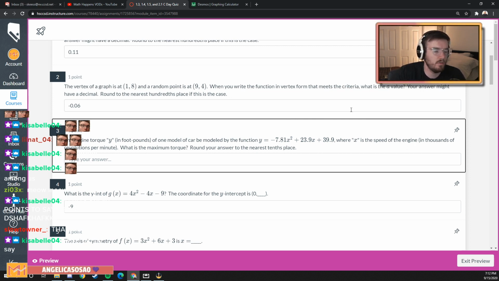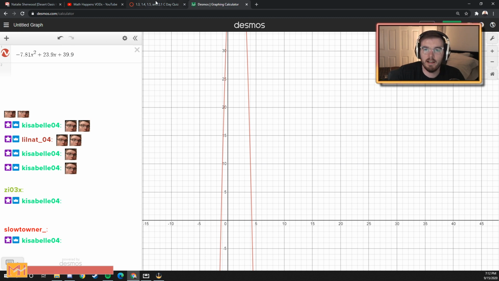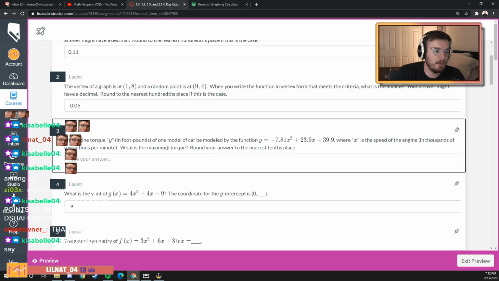Speed of the engine, revolutions, and y is torque. So what is the maximum torque? Torque is the y values. All that question is asking is what is the maximum y value?